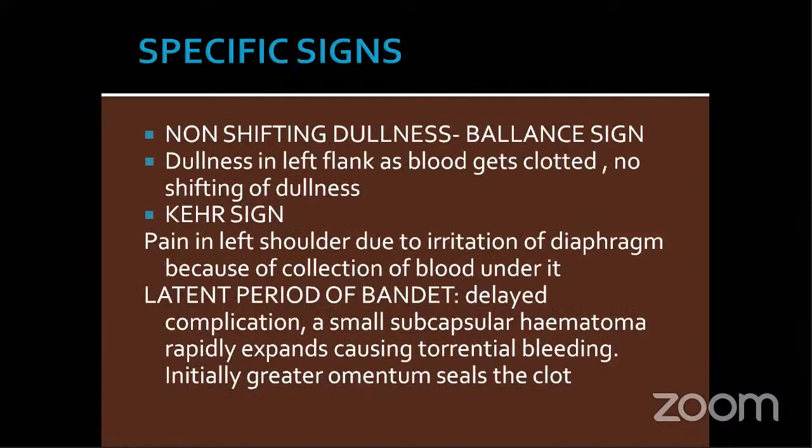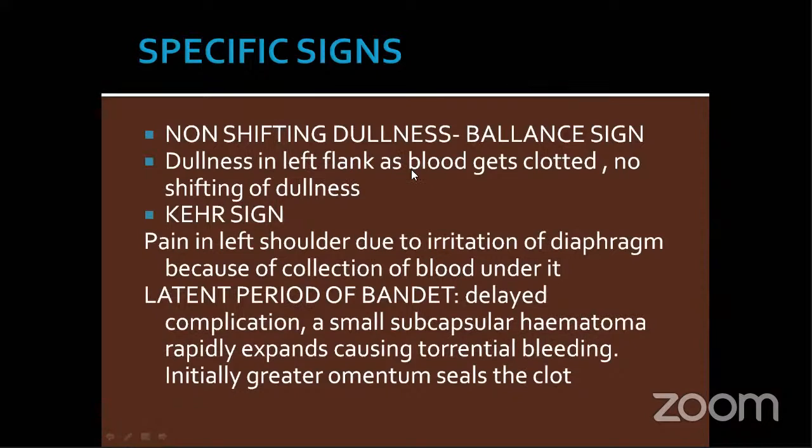Coming to the specific signs. Non-shifting dullness. If you remember medicine clinics, if you perform shifting dullness, you have to repeat the procedure on the opposite side also. Suppose there is shifting dullness on the one side and it is absent in the involved side, that is on the left side, it means that there is blood in the peritoneal cavity, but blood on the left side of the abdomen is clotted.